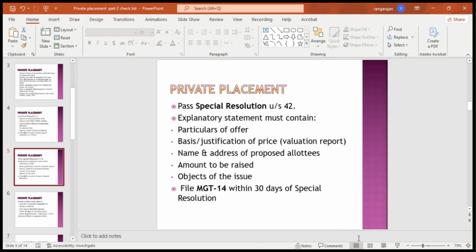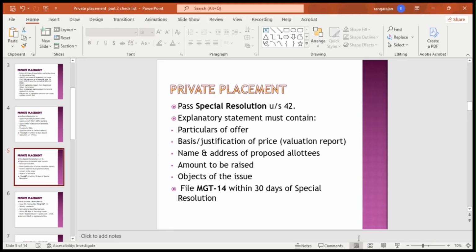When a special resolution is passed, the explanatory statement must contain the particulars of the offer, basis of price, name and address of the proposed allottees, amount to be raised, and object of the issue. The explanatory statement is a very important topic which we will discuss separately. But for every private placement offer, it must contain the following details.